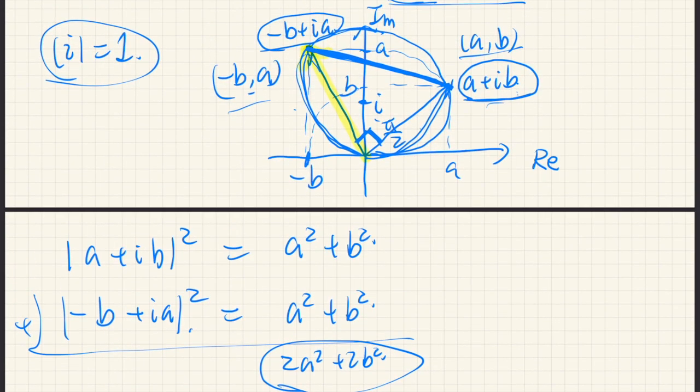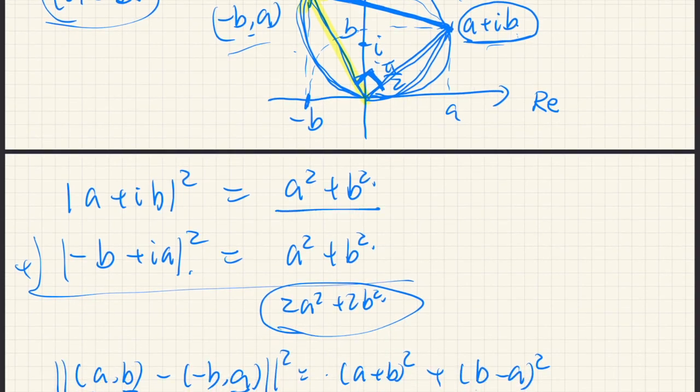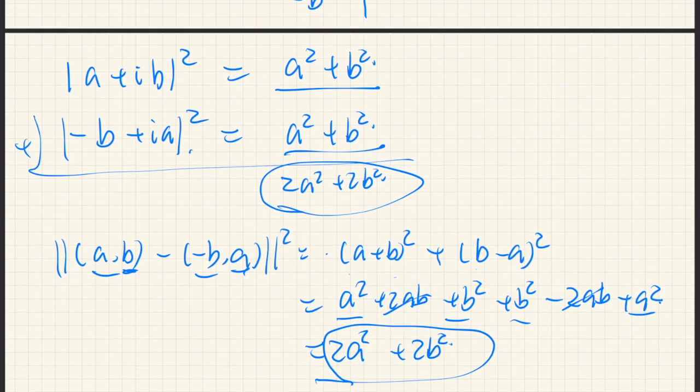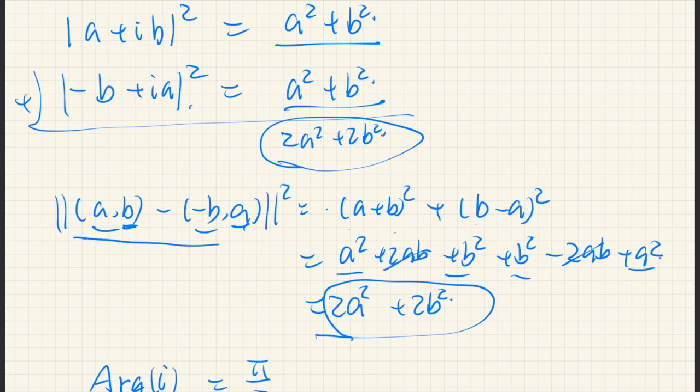Now, this is equal to this. Therefore, we have this triangle with the right angle here at the origin. And also, this length and this length are the same. Also, when we calculated the distance between two points, this corresponds to the difference between two complex numbers, right?